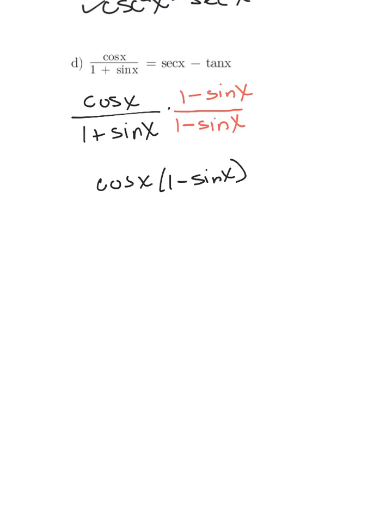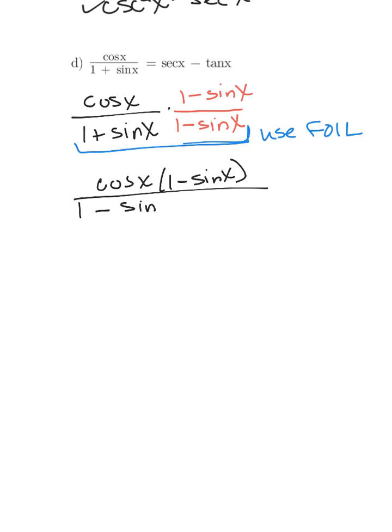What we are going to do for the denominators is use FOIL. So in our denominator, we will have 1 minus sine of x plus sine of x minus sine squared of x.